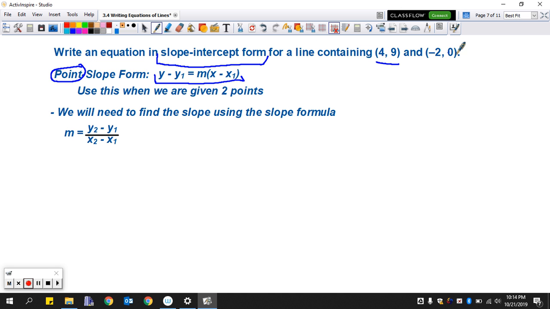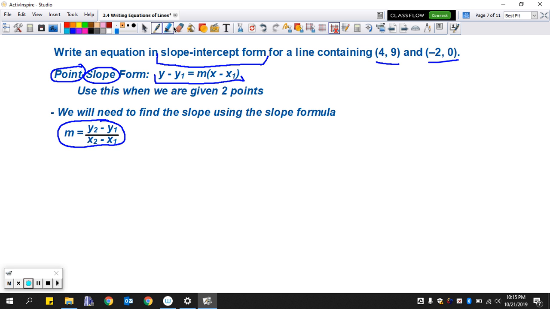We have 2 of them over here. But we also have to have a slope, and we're not given the slope in the equation to begin with, but we know that we can use 2 points to find the slope by using the slope formula: slope is y2 minus y1 over x2 minus x1.